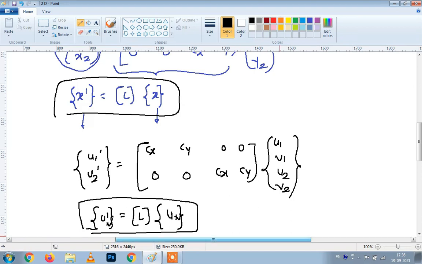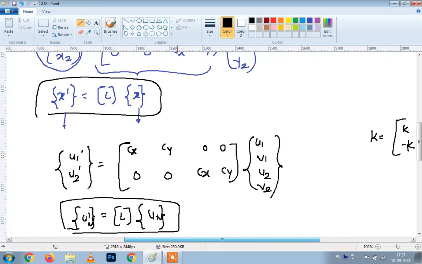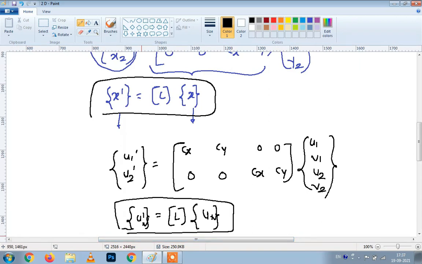If you remember, in the one dimensional problem we saw the relation k, minus k, minus k, k. This is the stiffness matrix. Now we are going to find the stiffness matrix for the two-dimensional problem, so the heading is element stiffness matrix in global coordinate system.